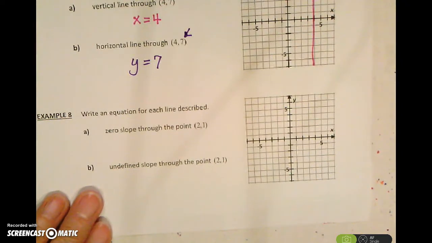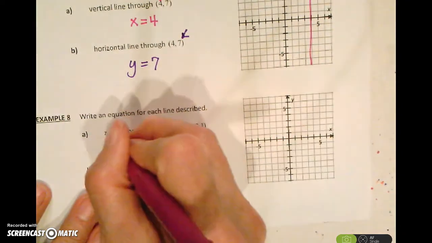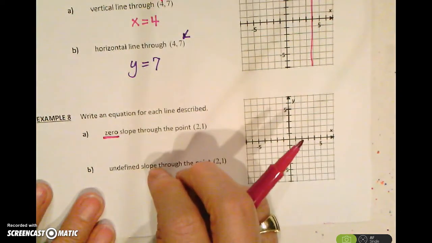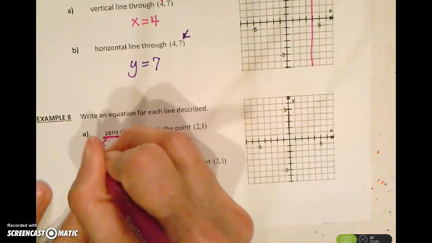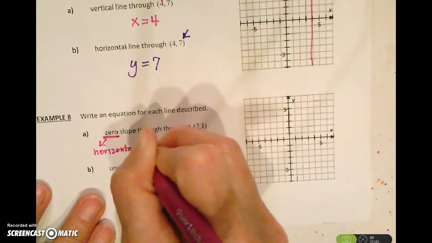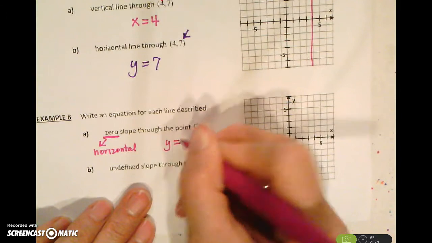Then example 8 says write an equation for each line described. It has a 0 slope. So we need to think what kind of a line has a 0 slope, and that would be a horizontal line. So that should come to mind. And in a horizontal line, we know that it's going to be y is equal to.